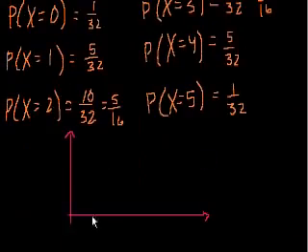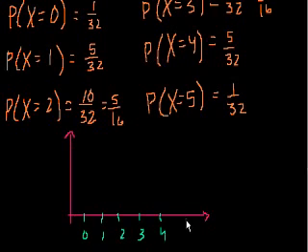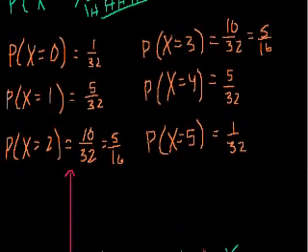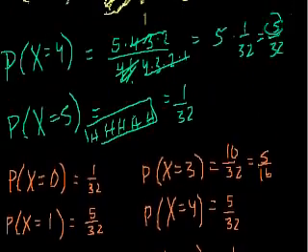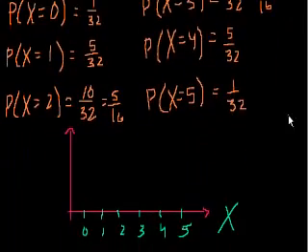Alright, so let me draw 0, 1, 2, 3, 4, and 5. And this is for our random variable x, the number of heads in 5 trials. And let me draw the high points first. The high points are all right there, 10 over 32. That's the probability of 2 and 3, and they're the same.